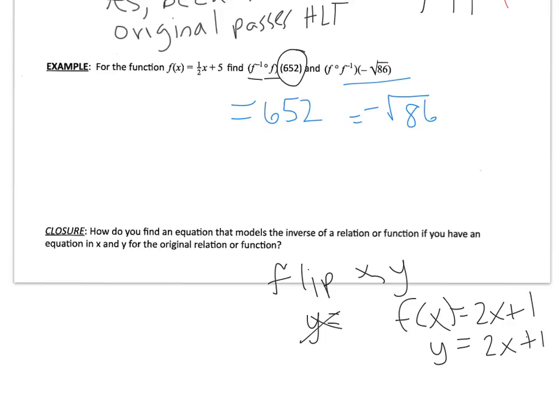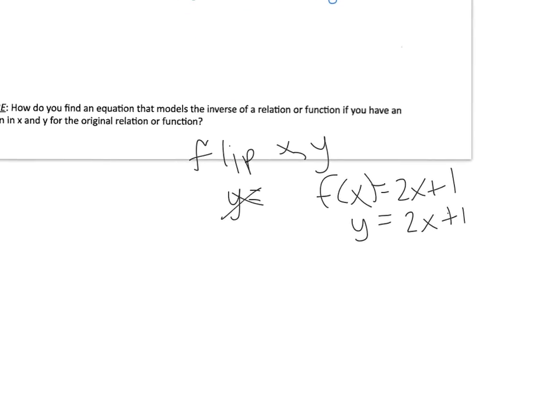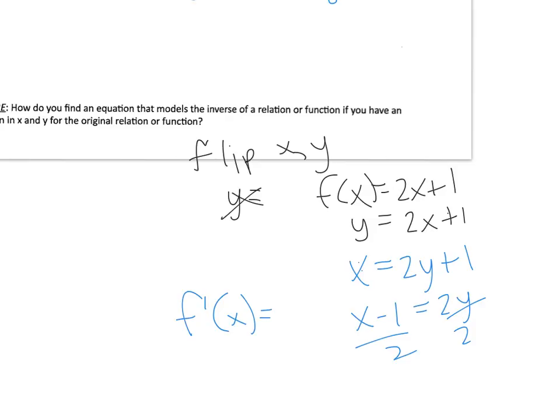Now swap your x and your y. So x equals 2y plus 1. And then solve for y, to graph it. So I'm going to write the notation f inverse of x equals 1/2 x minus 1/2 at the end. So this notation right here means inverse of f of x.